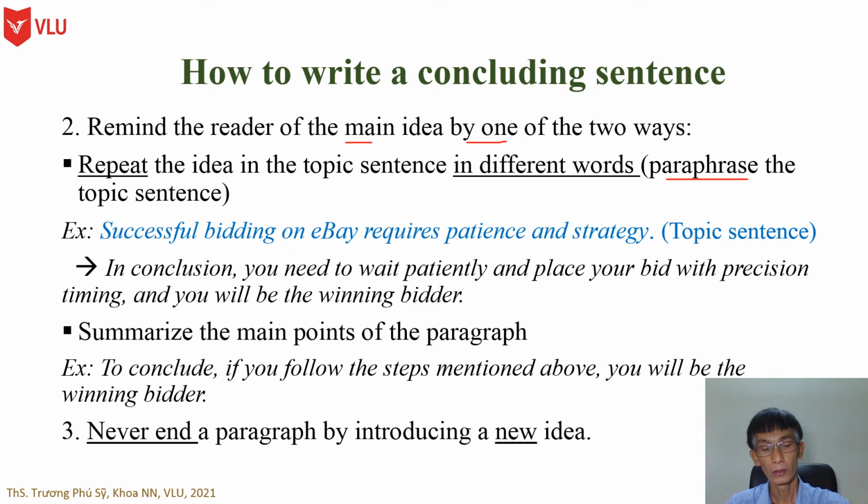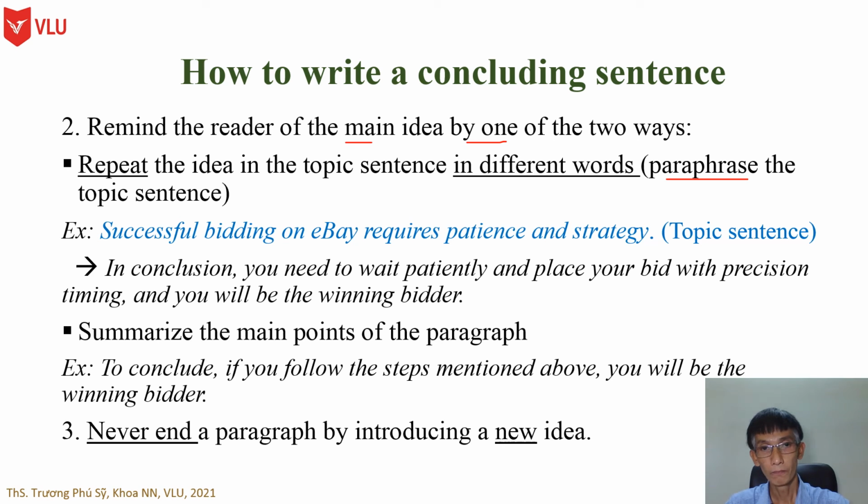So this is the concluding sentence. In conclusion, you need to wait patiently and place your bid with precision timing, and you will be the winning bidder. This is the repetition of the topic sentence, but not a copy. Why? It uses different words.